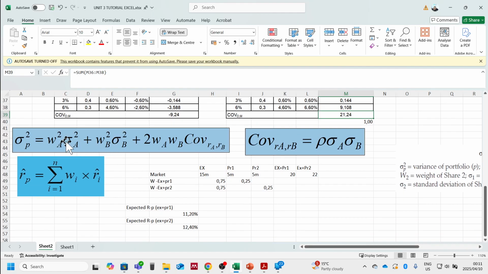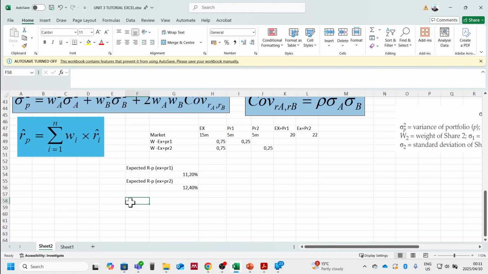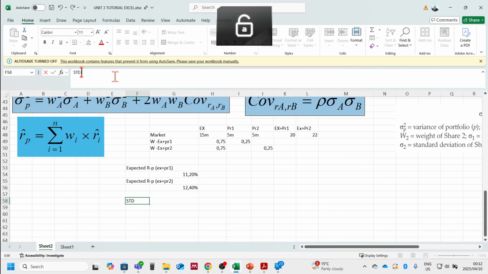Therefore, we can use this in our formula to calculate the total portfolio variance and then take the square root. So over here, we can say STD, which is for standard deviation, and we can indicate that this is for the existing project and project one.